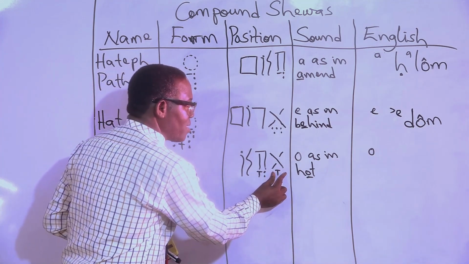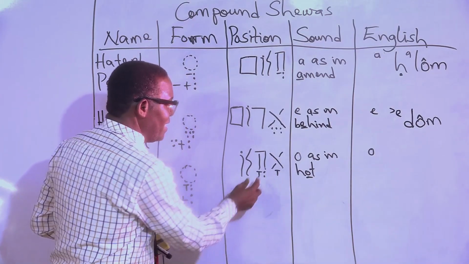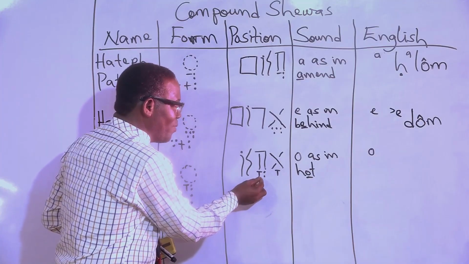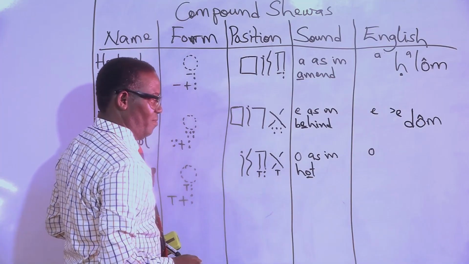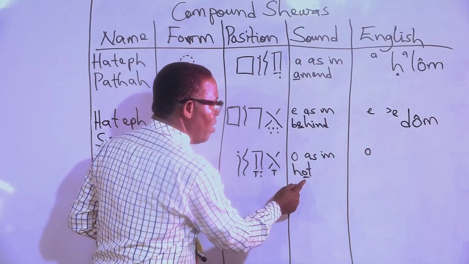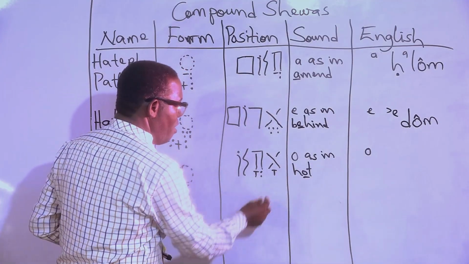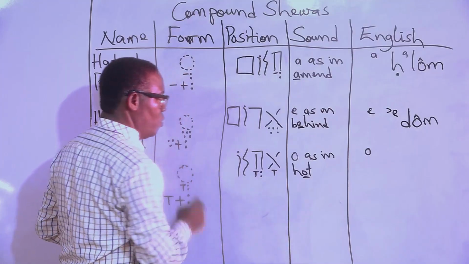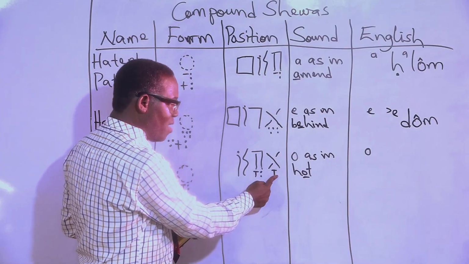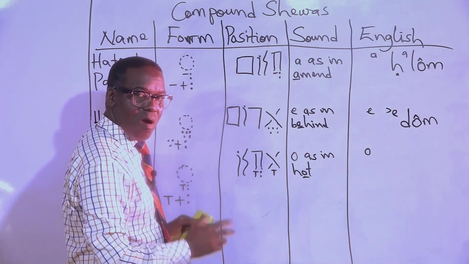This is pronounced as o because it's the short O vowel. This is pronounced as o because it is pronounced brief, as we have the o in hot, hot, hot. So we now have o-o-o. This one is pronounced as a full vowel or short vowel.